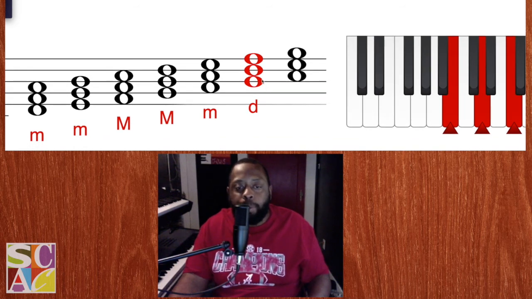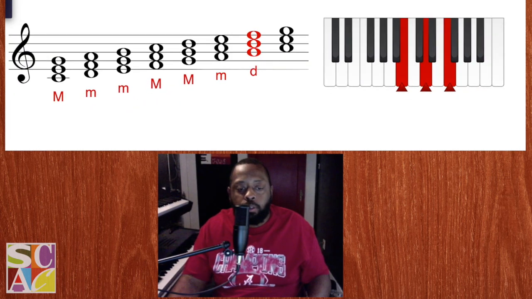But from B to F is 6 half steps, making this interval from B to F diminished. So when you add from B to D, which is the minor third, and from B to F, which is the diminished fifth, you get a B diminished triad. So let's listen to the B diminished triad.